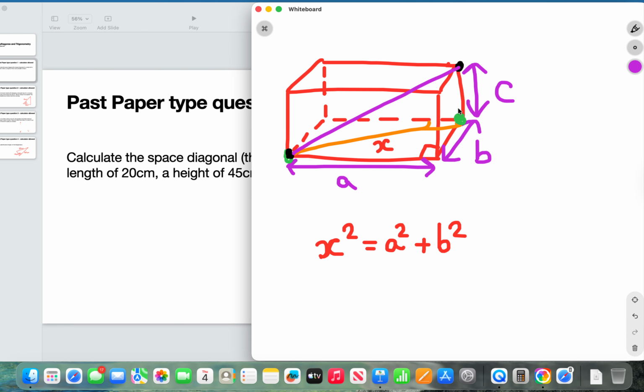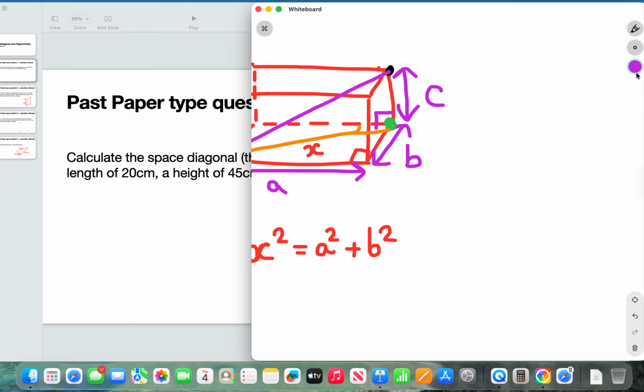But if you have a look, and I understand this will be difficult to visualize, there's a right angle, and you've got the x that we found the last time, this face diagonal, and we have the height. So there's a three-dimensional Pythagoras situation going on. So we can make a triangle out of the x.